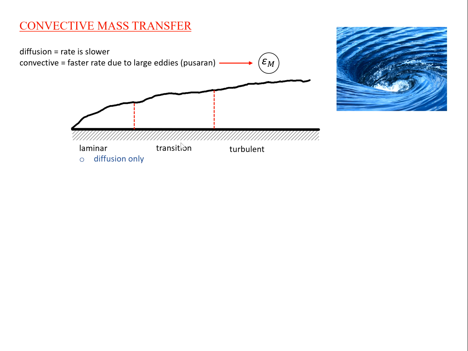In the middle region, there is a mix between diffusion and convection, but for turbulent, you have only convection. For convective mass transfer, we don't have any other choice but to include the turbulent part. The turbulent part is the one that contributes to the faster rate of mass transfer.